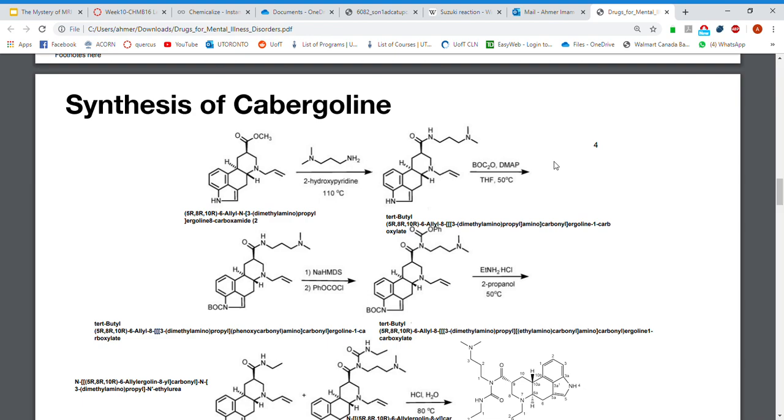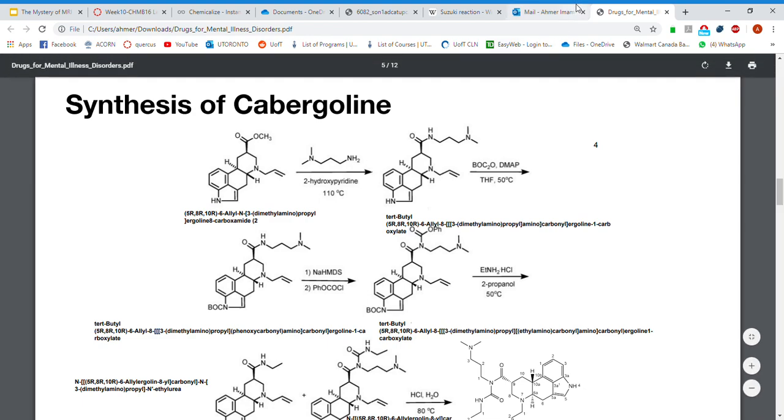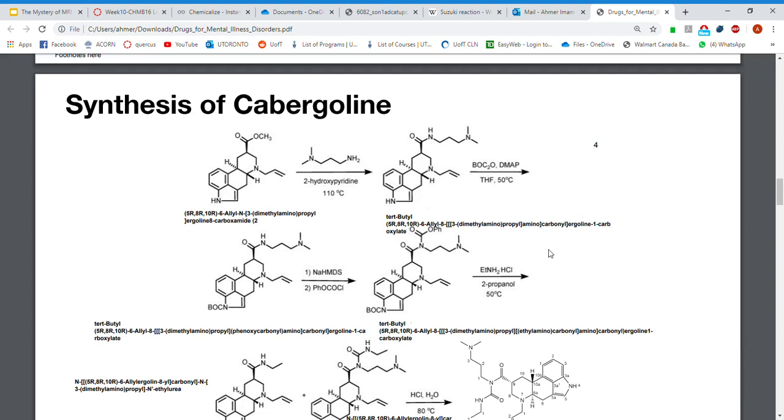You remember in the lab, we used THF before, and DMAP is really similar to solvents like DCM and diethyl ether. It's just an organic solvent.